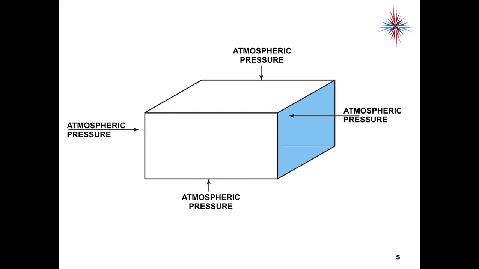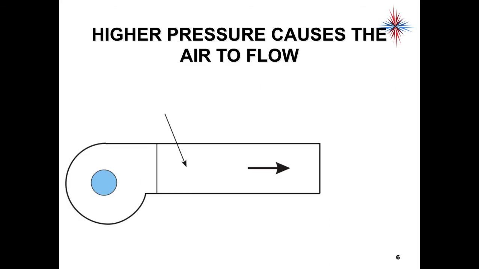Now, I stick a blower onto this. I am now pushing air into the ductwork from the blower, and that higher pressure causes the air to flow. Okay, because at the end of the ductwork, we have low atmospheric pressure, or air that's at atmospheric pressure.